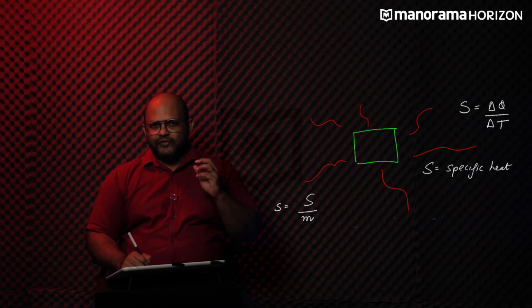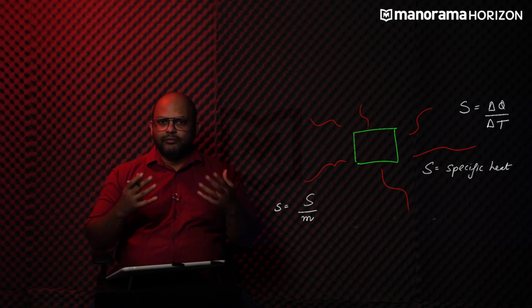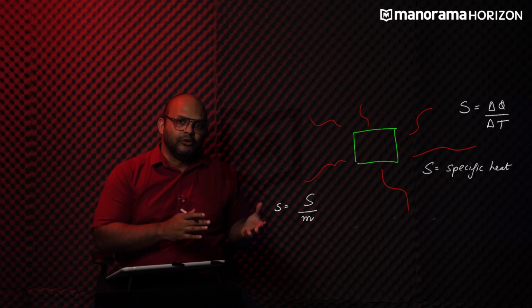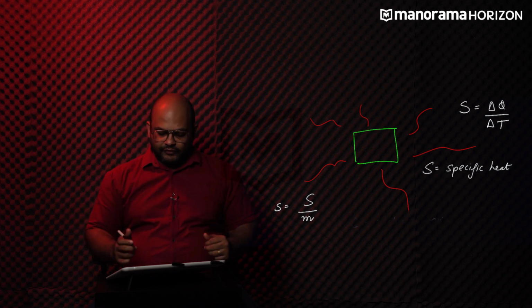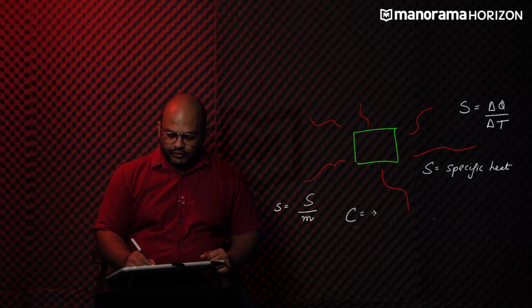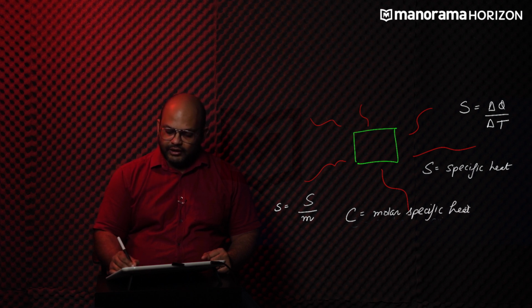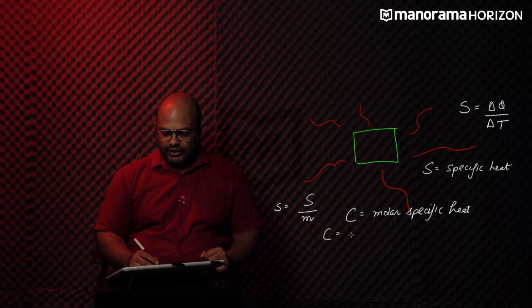We can refine this value of specific heat even more by thinking in terms of moles rather than in terms of kilograms. So we can define yet another value that is denoted by capital C, and this is what we call the molar specific heat for a given material, and this can be found as capital C is equal to capital S divided by mu.